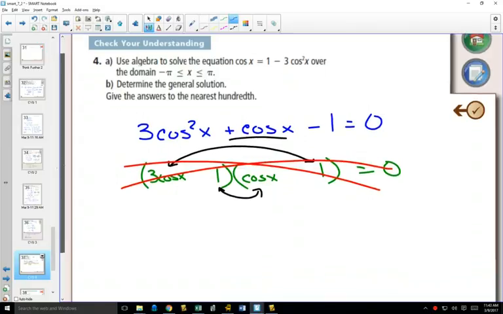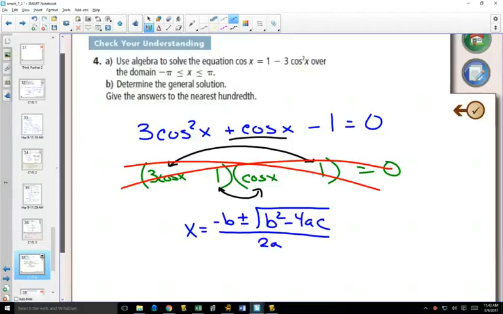Again, the quadratic formula on your formula sheet says this. For ax squared plus bx plus c equals 0, we don't have x. What do we have instead of x? We have cos x.